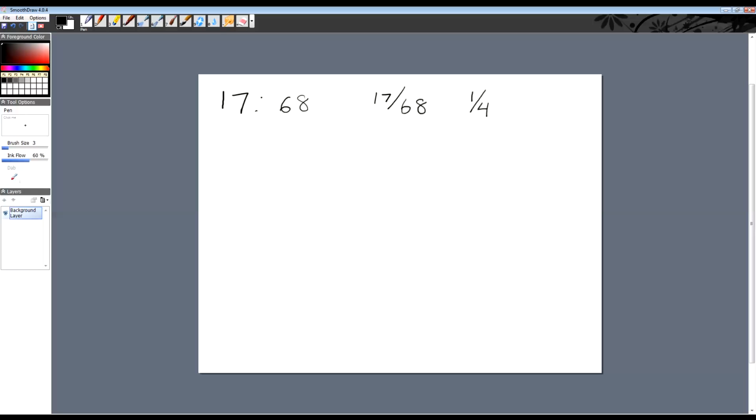Now, number 6 is an illustration of what happens if you have two different units. You want to make sure that your units are the same. 60 inches to 2 yards. Now, we know that a yard is 36 inches, so 2 yards would be 72 inches.